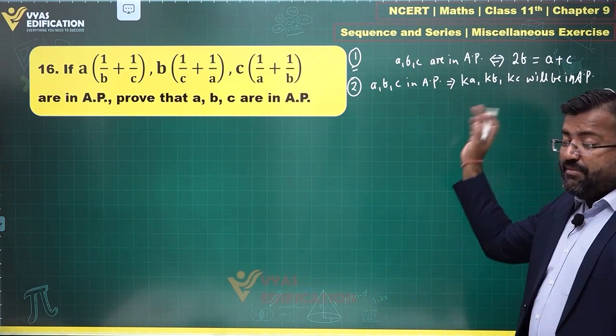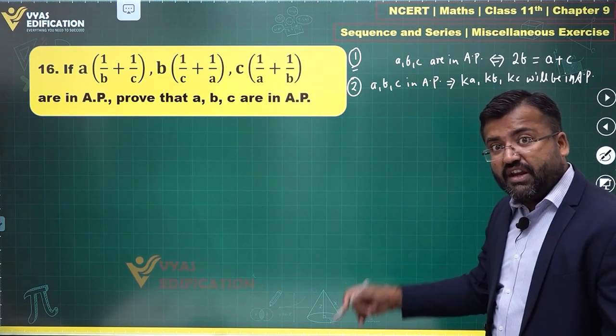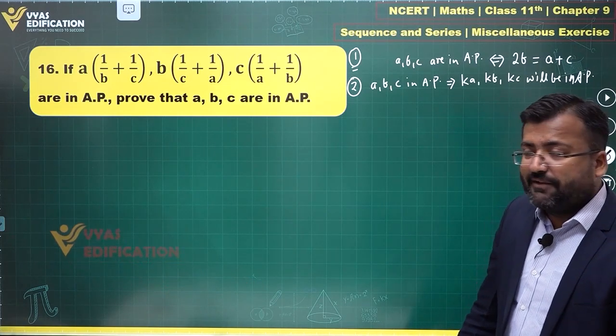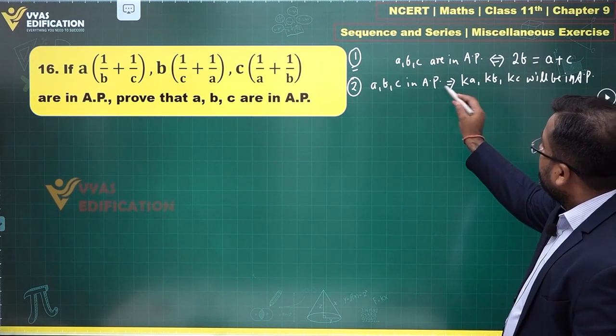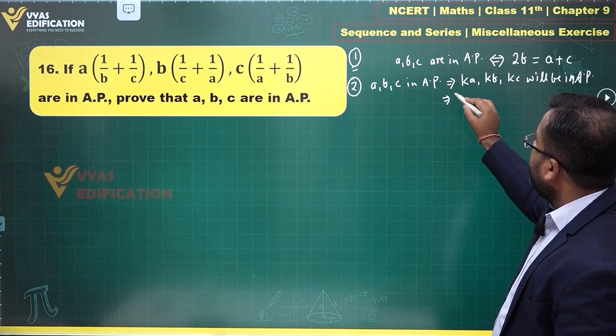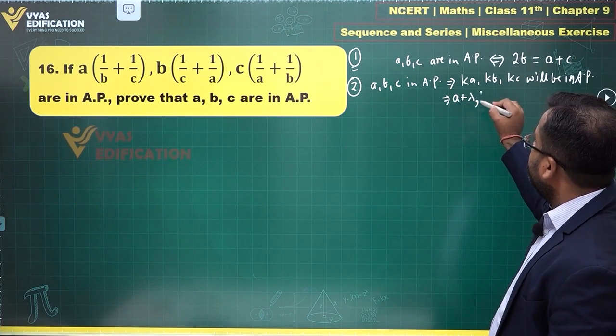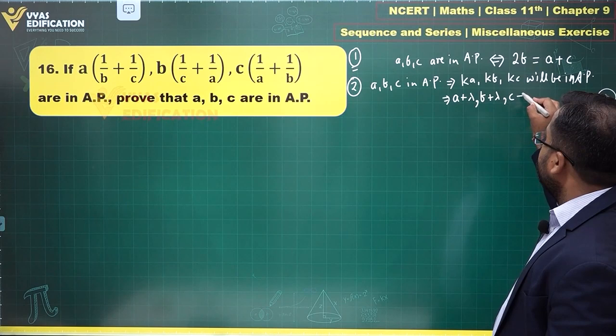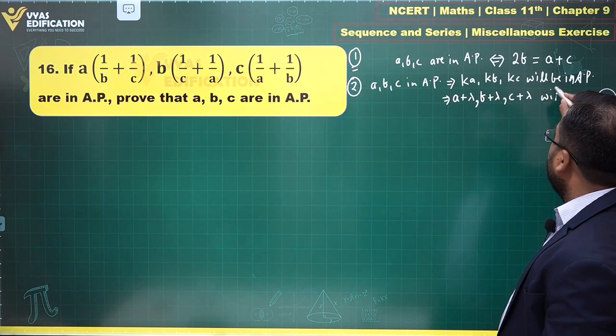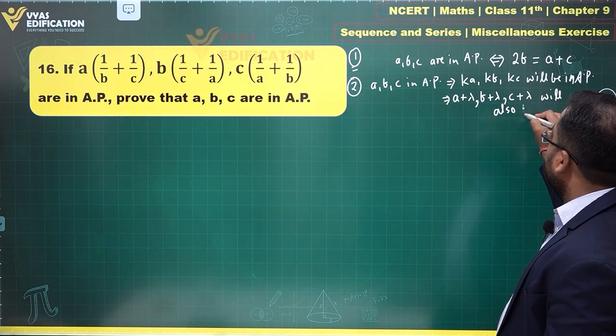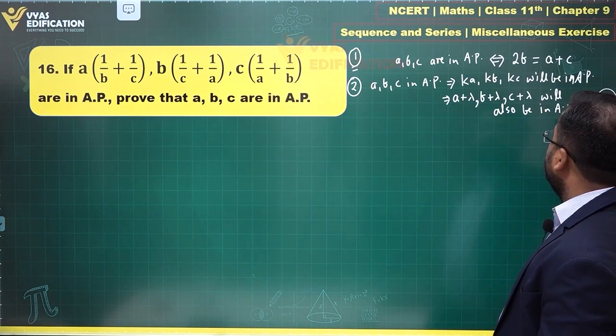If ABC are in AP, then KA, KB, KC will also be in AP. Common difference will be KD. This also implies that A plus lambda, B plus lambda, C plus lambda will also be in AP.